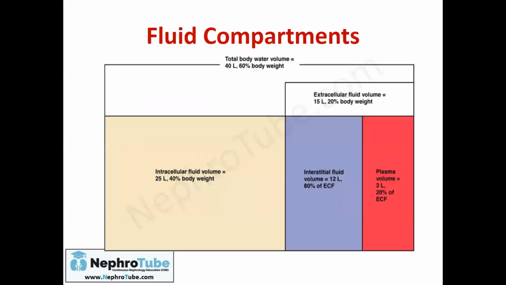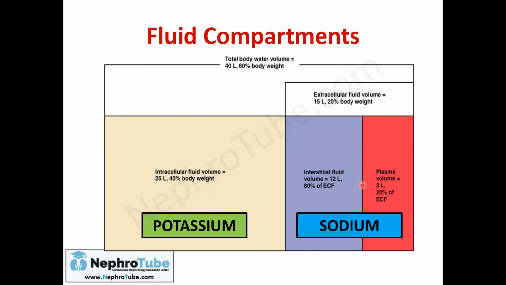clinical practice. Also, as an introduction, we know that total body water is divided into two main compartments: the intracellular fluid, which is inside the cells, and extracellular fluid, which is in the interstitium and in the plasma. The main intracellular ion is potassium, while the main extracellular ion is sodium.